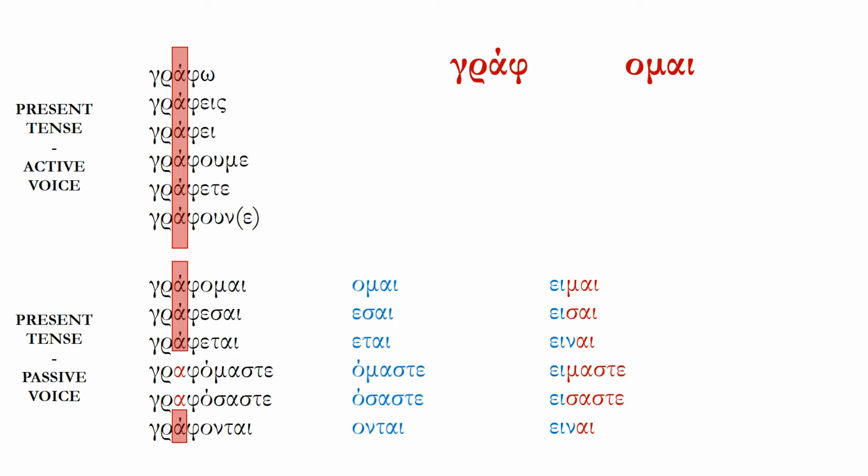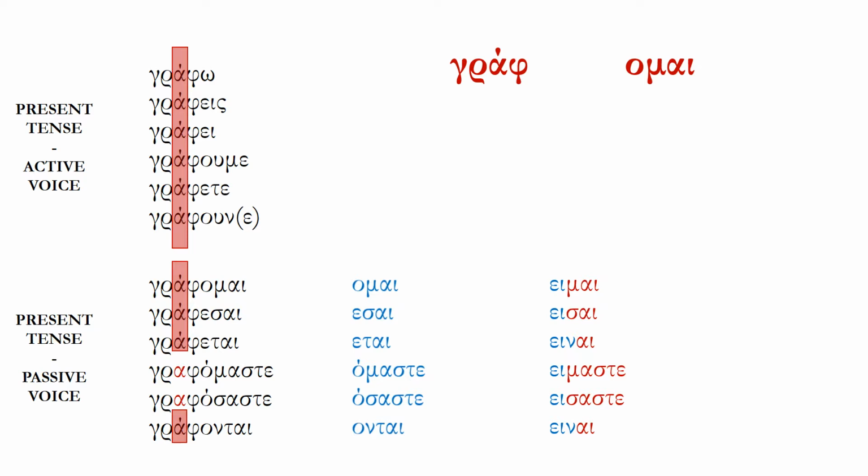Also, omicron and epsilon have a unique relationship, as do O's and E's in English. They're often swapped for each other. They're both very weak vowels. For those of you who've studied ancient Greek, you'll also know that omicron and epsilon never take a circumflex, perispomeni.